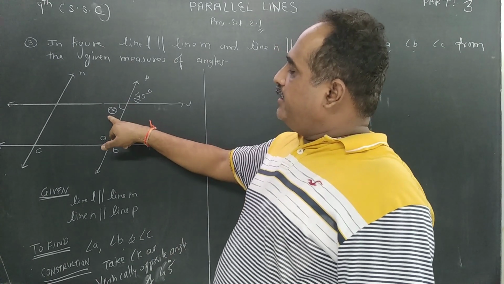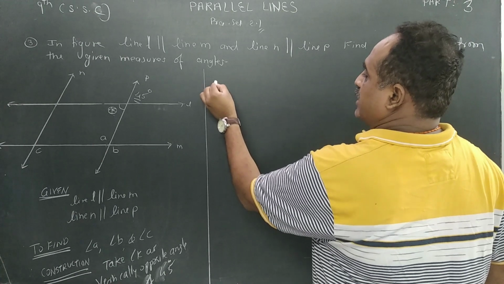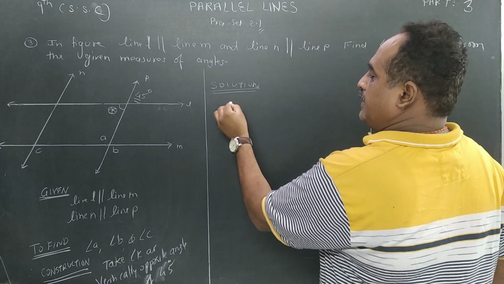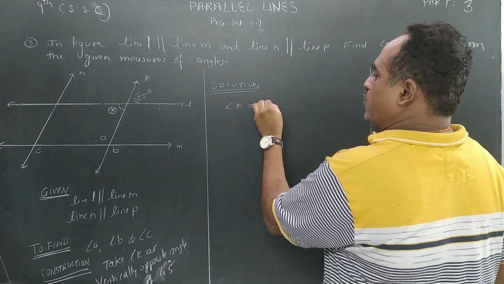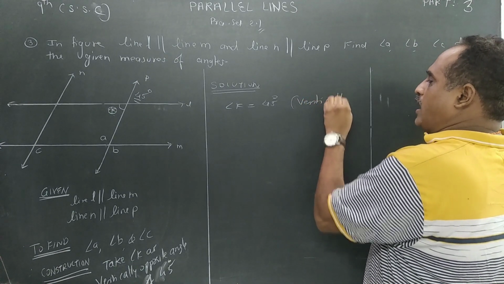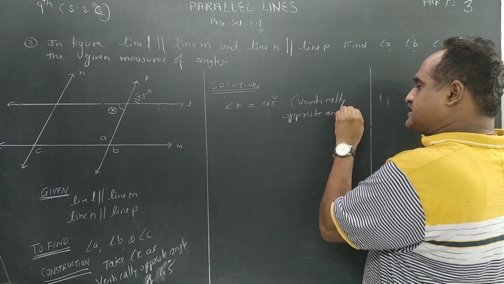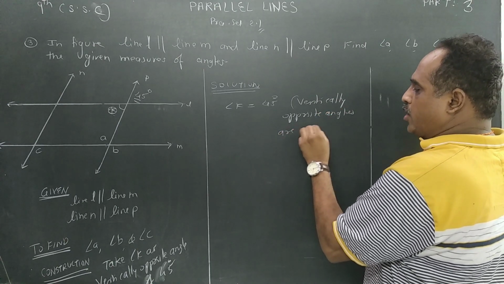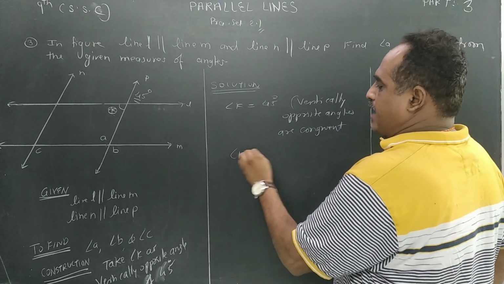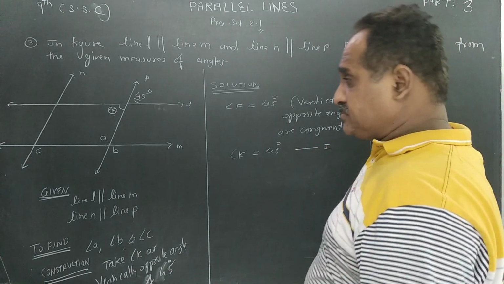So we took angle K as the vertically opposite angle of that 45 degree angle. Now the solution: angle K is equal to 45 degrees, because vertically opposite angles are congruent. So angle K becomes 45 degrees, that is equation 1.